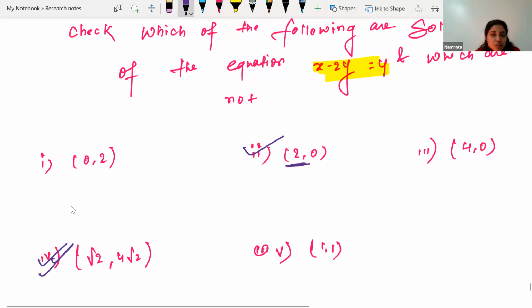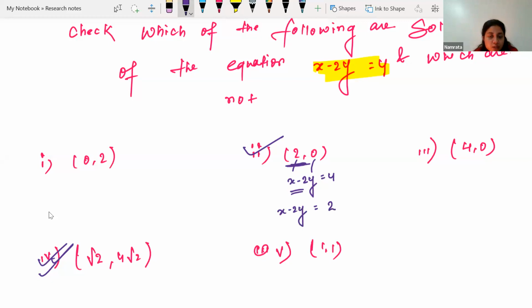Our equation is the yellow highlighted equation, and we have to check whether this point is a solution or not. For checking the solution, we have x minus 2y equals 4. Here we will substitute the x value and here the y value, and we will solve the left hand side part only. So x minus 2y we will solve by substituting x as 2 and y as 0.